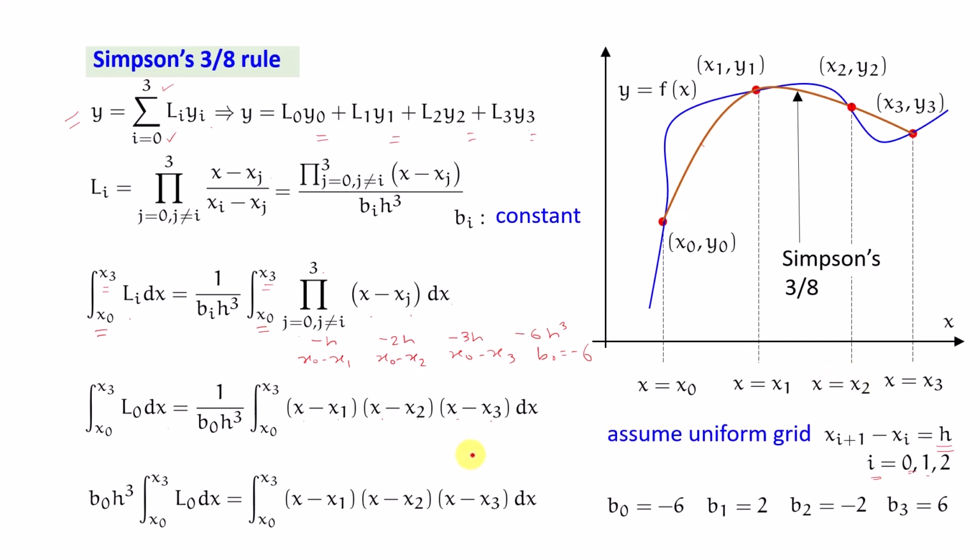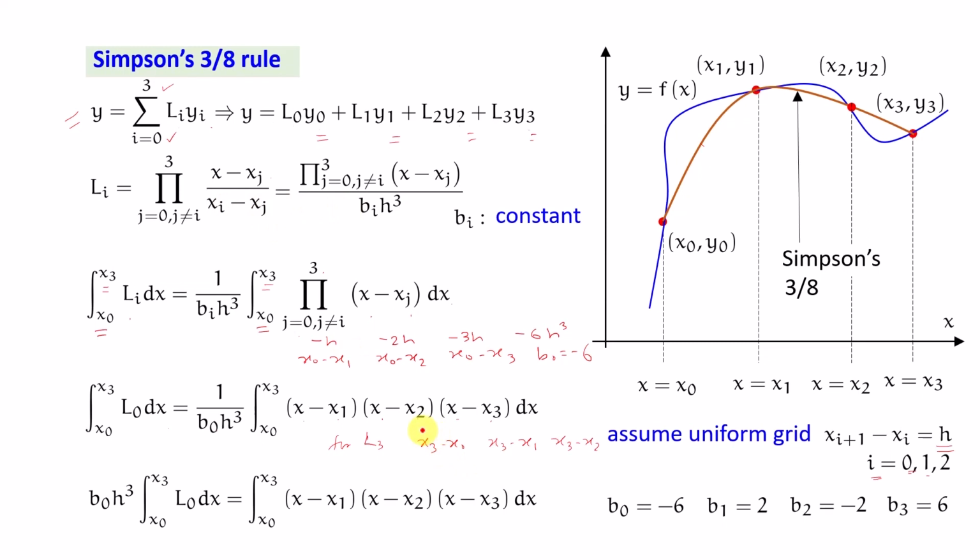So for L3, it will come as x3 minus x0, x3 minus x1, and x3 minus x2. This 3 will come at the bottom here.